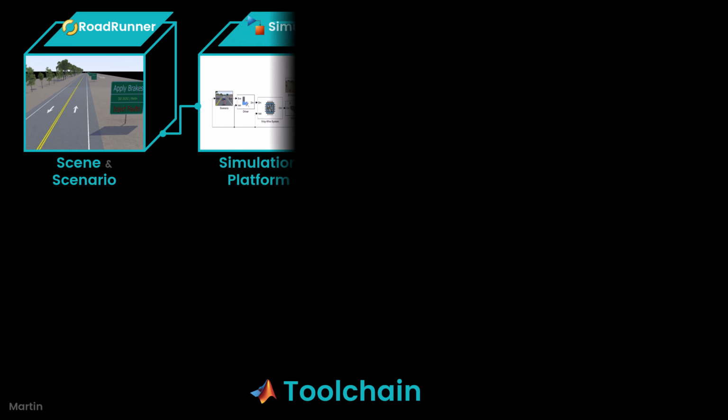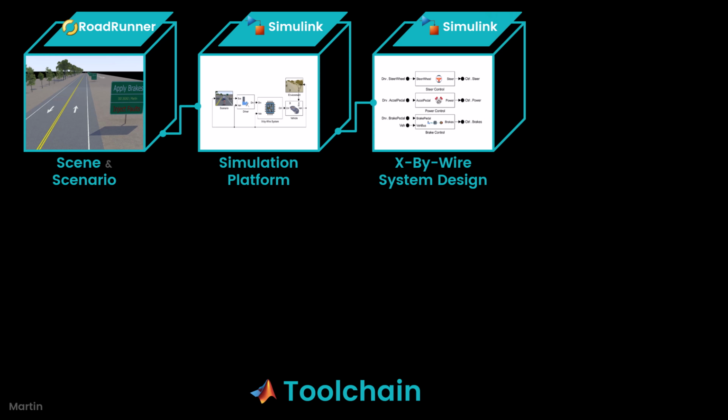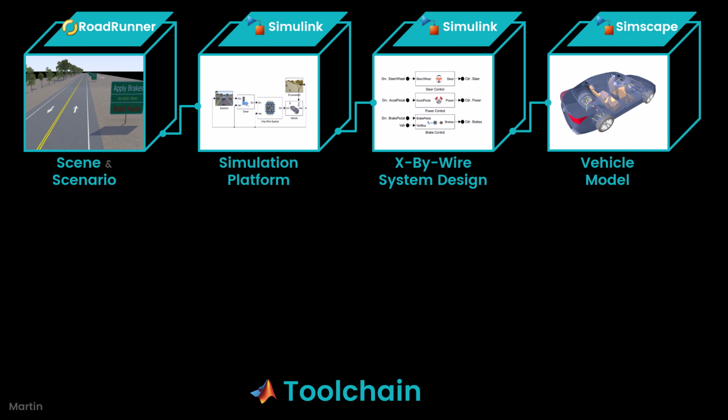A powerful toolchain supports end-to-end safety analysis and design by combining specialized tools within a unified workflow. RoadRunner enables the creation of rich scenes and driving scenarios, which can then be simulated in Simulink as the central simulation platform. The X-by-wire control systems are designed and tested directly in Simulink, while the physical vehicle dynamics are modeled with Simscape for realistic behavior.